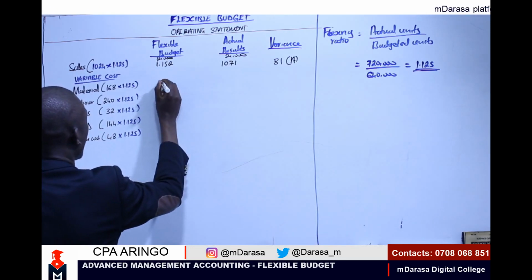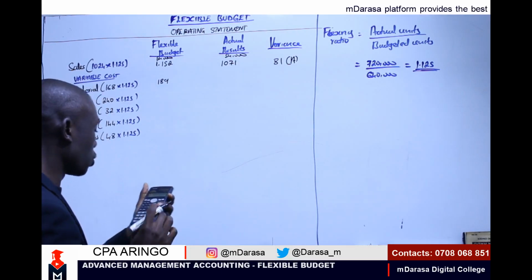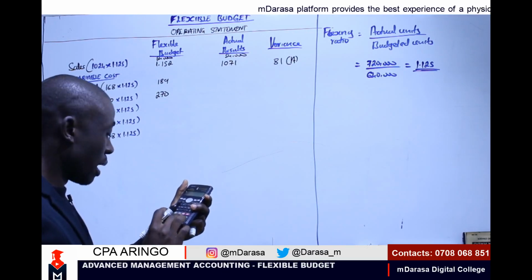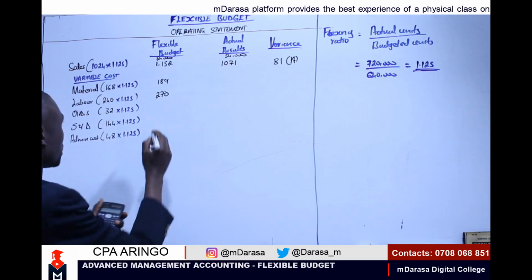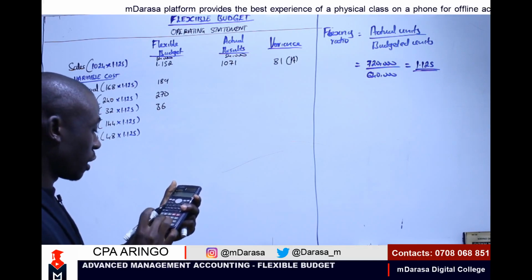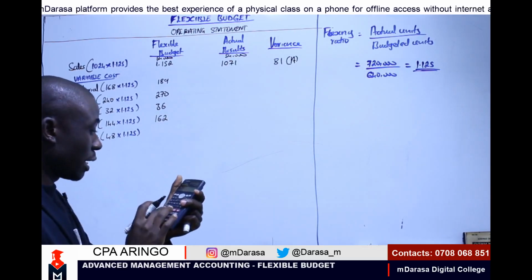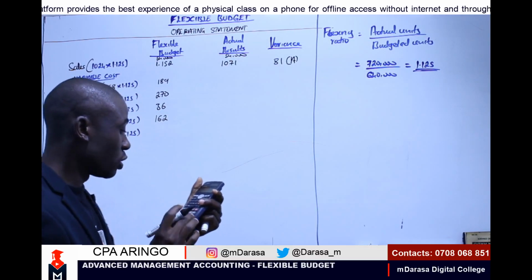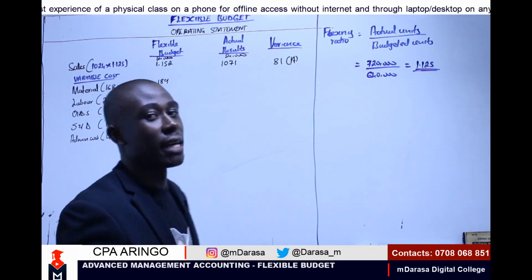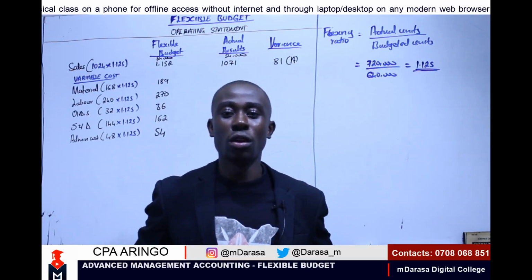So I should be talking of 189. 240 by 1.125, I should be talking of 270. 32 by 1.125, I should be talking of 36. 144 by 1.125, I should be talking of 162. And 48 by 1.125, I should be talking of 54 here. So that is our flexed data in relation to variable cost.